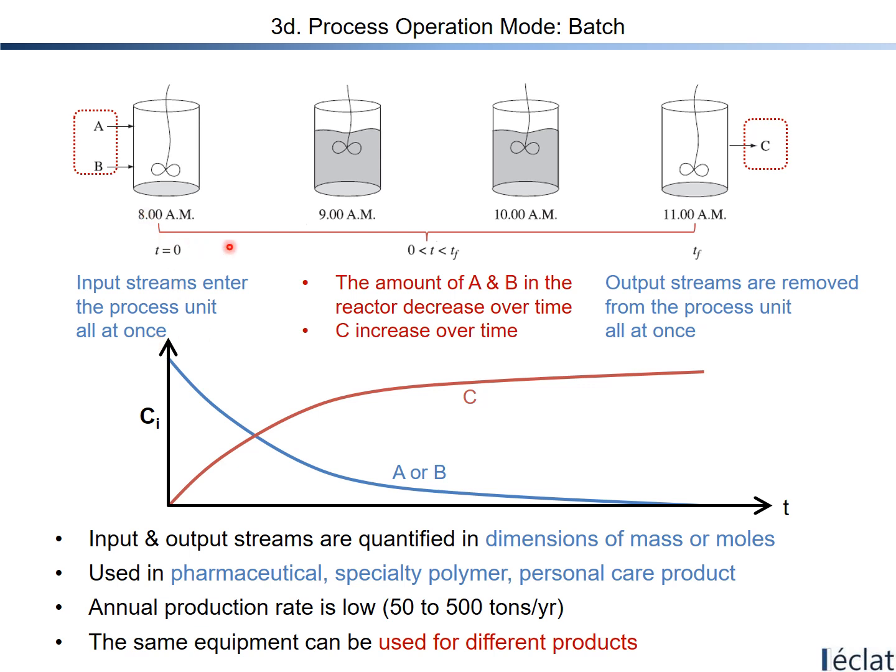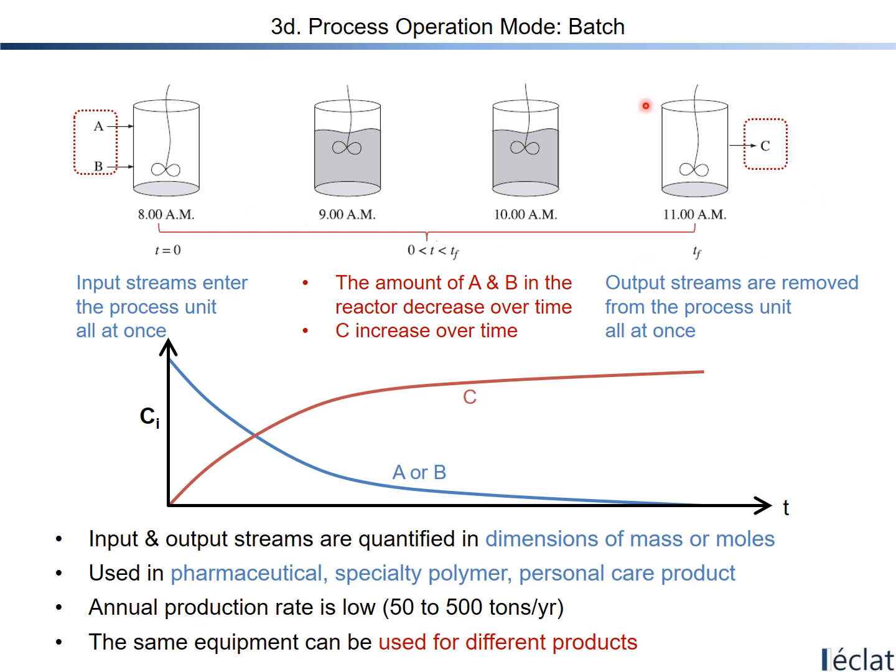So 1 hour later, 2 hours later, 3 hours later, the reaction goes forward. A reacts with B to produce the component C. Then at time equal to 3 hours, open the cap and get all products and reactants from the chamber. That is the batch operation mode.